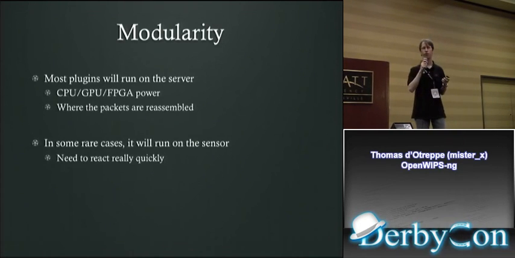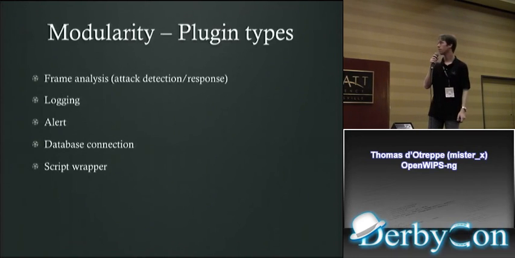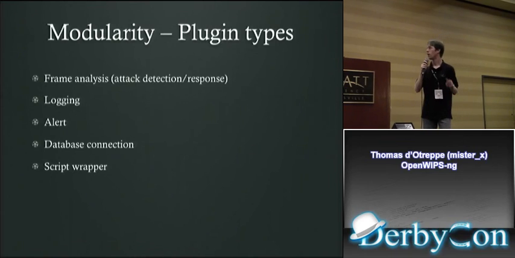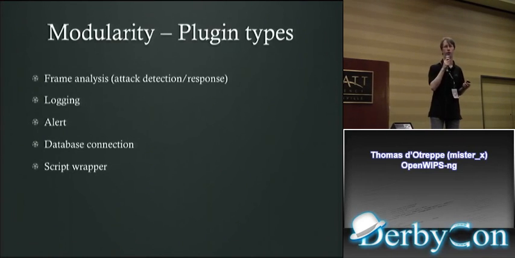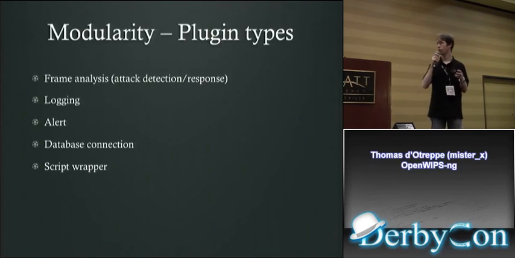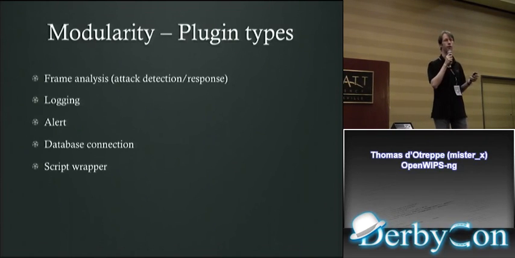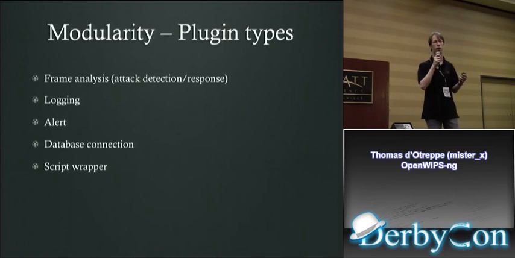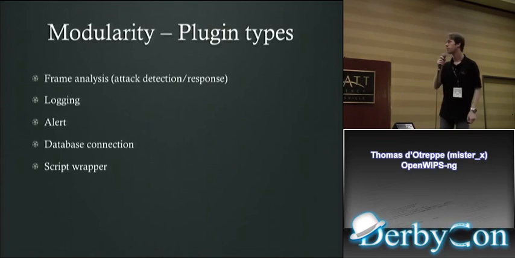In some rare cases, you may see plugins on the sensors. Types of plugins: there will be frame analysis, which is the most common type of plugin. There are several layers in it. Logging, for example, if you want to log not to OpenWIPS but to syslog or your custom logging system. The alerts will let you get alerted in case of intrusion, for example by email, a text message, or anything else.